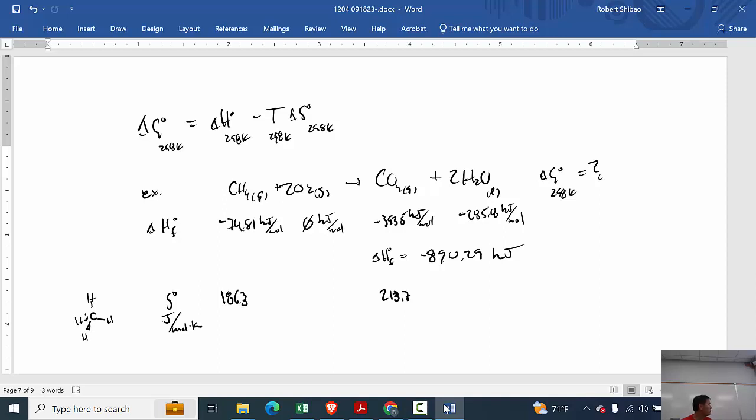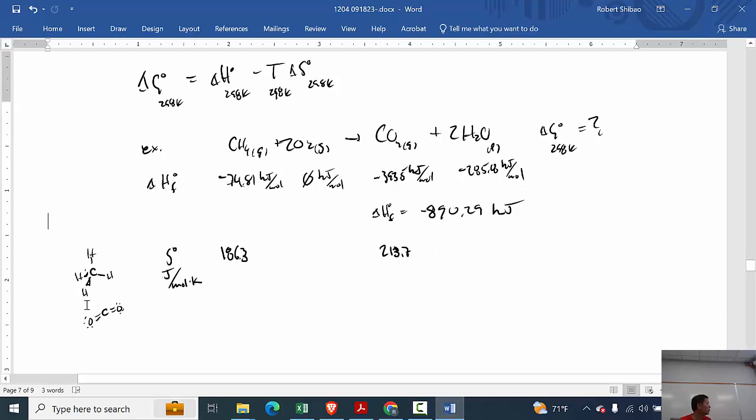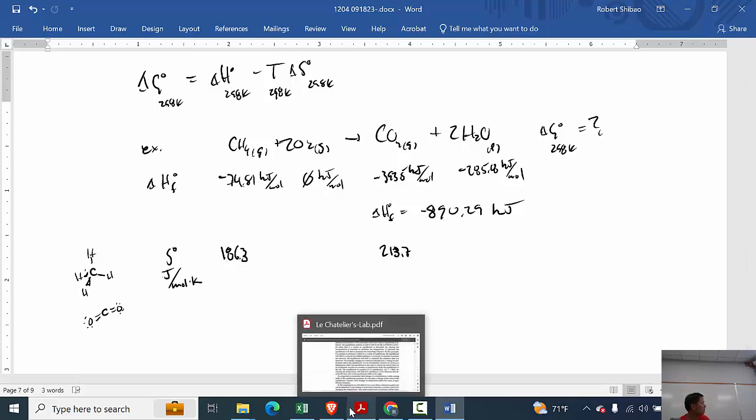When it's vibrating, there are more positions the hydrogens can take during vibrations versus CO2. This is something you can figure out quantum mechanically, the types of vibrations allowed for methane versus CO2, because looking at this, both are gases, so methane looks like it should have a higher entropy.